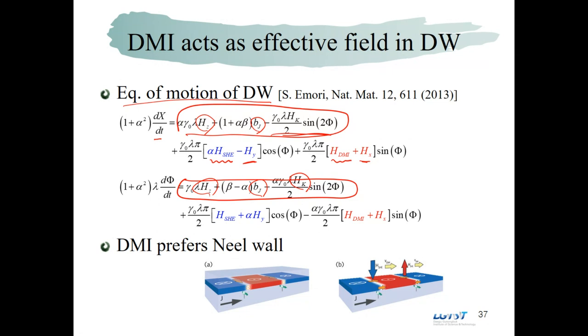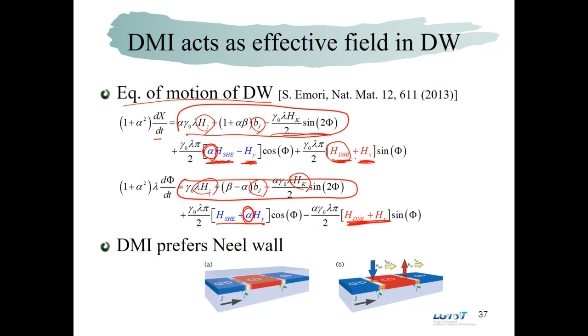In this equation, you can easily see the DMI plays along with the x direction field, and also here. So we cannot distinguish the DMI field and the x direction field. And also the spin Hall effect is acting in the y direction, but there's some alpha here.